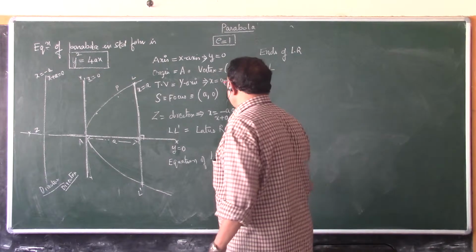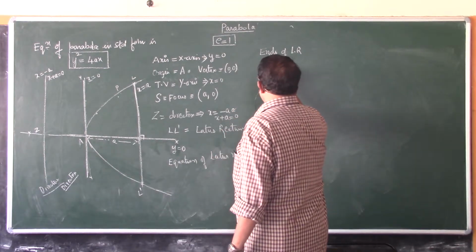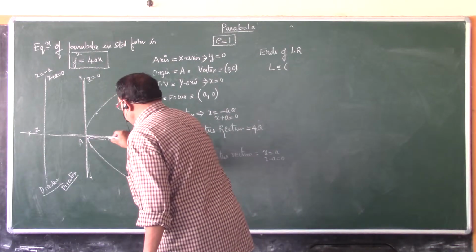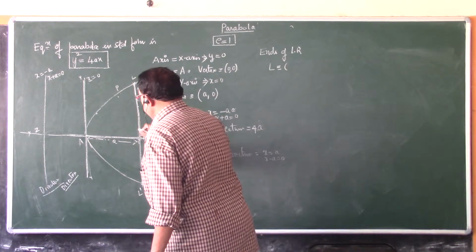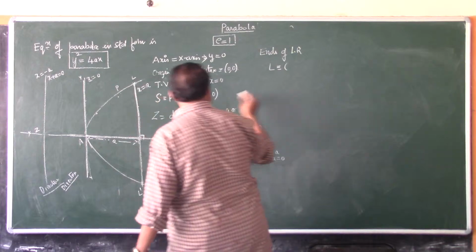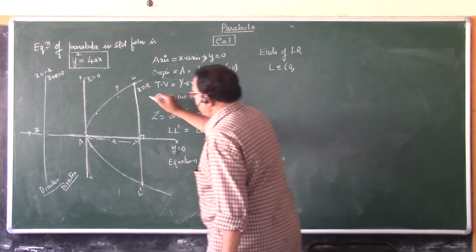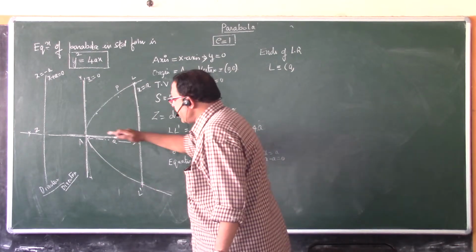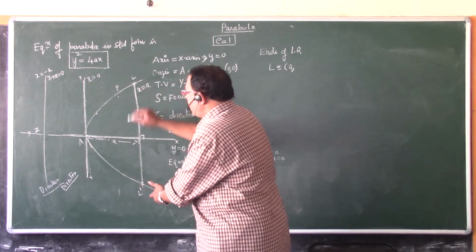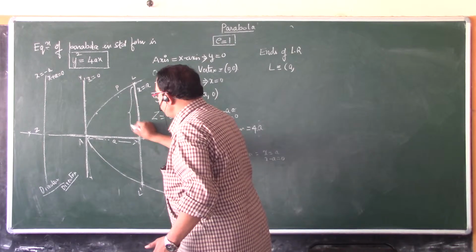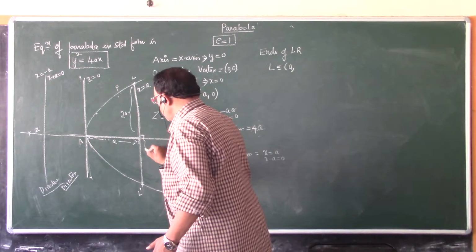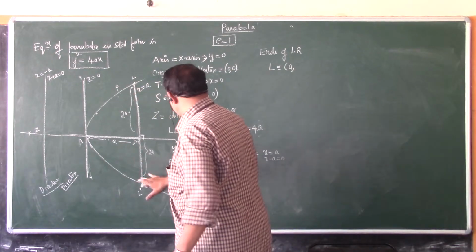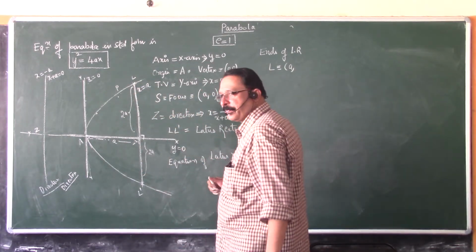So if you now talk about the ends of the latus rectum, L is, now this is the origin. From the origin, the point on the x-axis is at a distance a, and the total length is 4a, and the x-axis divides it into two equal parts. So each of these lengths should be equal to 2a. This is 2a, this is 2a, so that totally it is 4a.